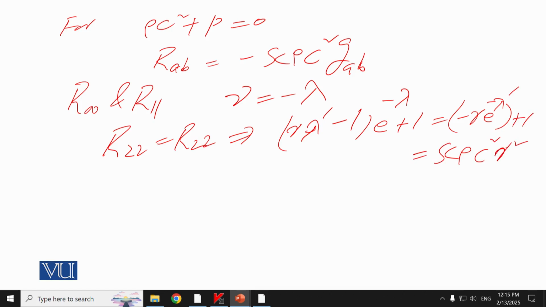Now, we integrate this expression. When we integrate, we can find e raised to power minus lambda is equal to 1 minus 1 by 3 kappa rho c square r square plus some integration constant, say we can put here A over r.